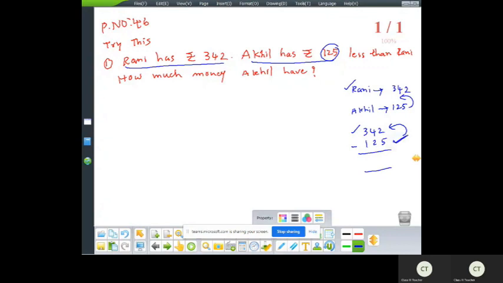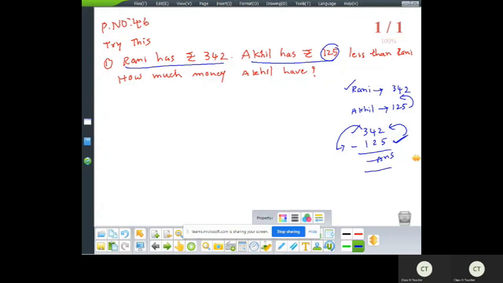Less means subtraction. The amount 342 is bigger than 125, so subtraction exists. Here 2 minus 5, 4 minus 2, and 3 minus 1, we get the answer. This answer is Akhil's amount.